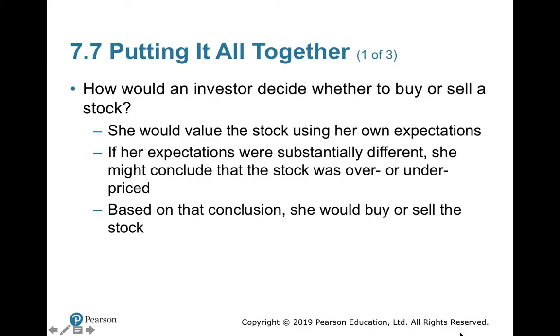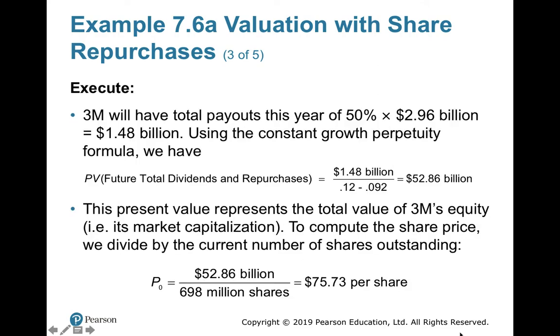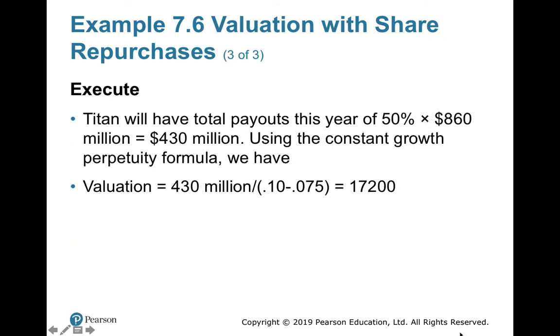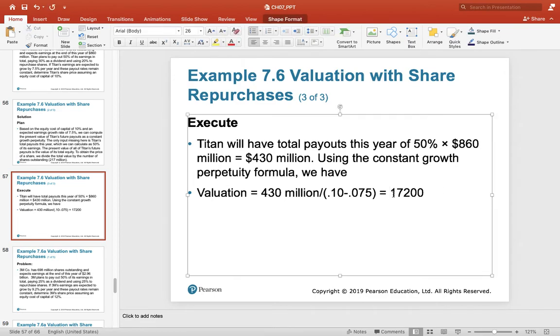Alright. So putting it all together, in Titan also you can calculate the same thing. The valuation is 17,200 million, and per share you can calculate 17,200 divided by the number of shares outstanding.